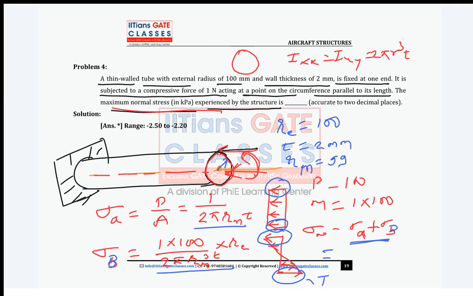I have already given the mean radius, the thickness, the external radius, and we have already converted everything in Newton mm. So find the first answer, guys, in megapascal, and it will be negative. Why will it be negative? Because on top it is compressive.